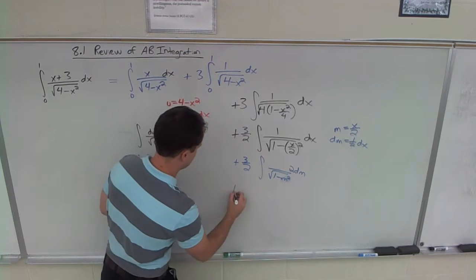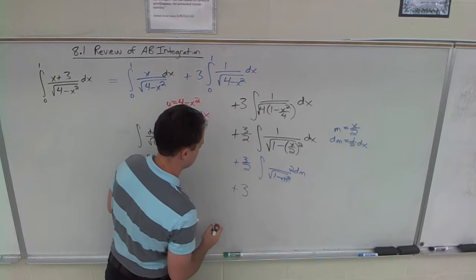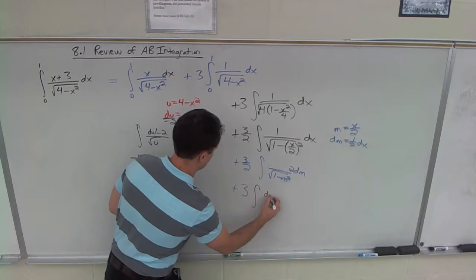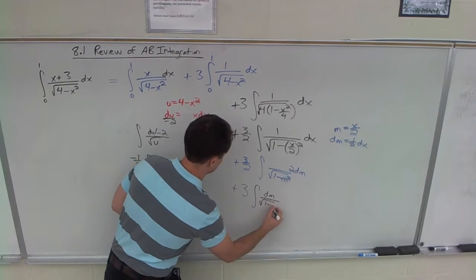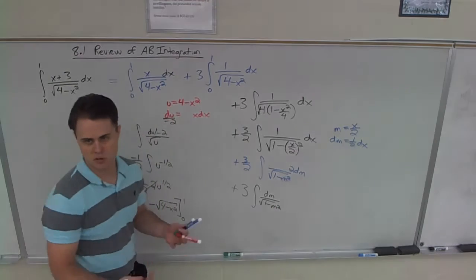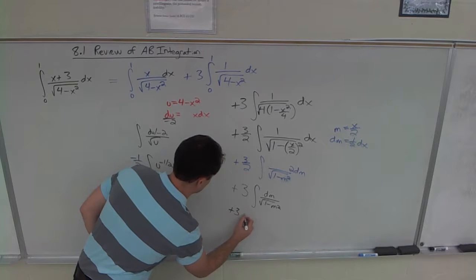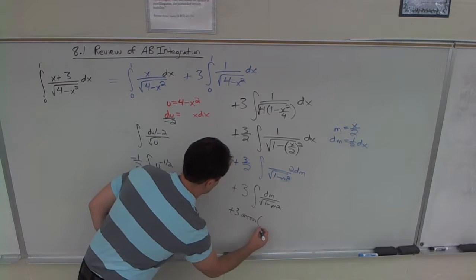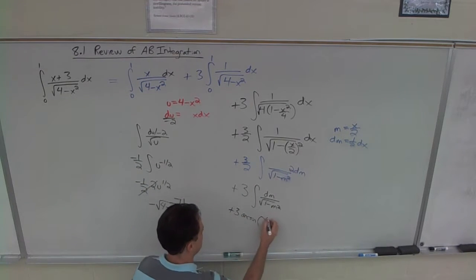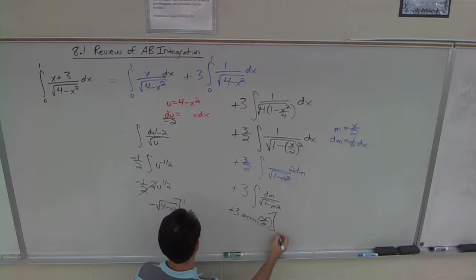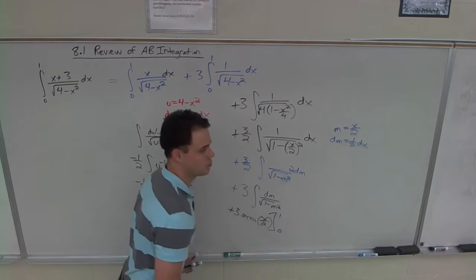Now we're going to have plus 3 integral of dm over the square root of 1 minus m squared, which is our straight up arc sine. Okay? So here we're going to have plus 3 arc sine of m, which is x over 2, and we've got to evaluate that between 0 and 1 as well.